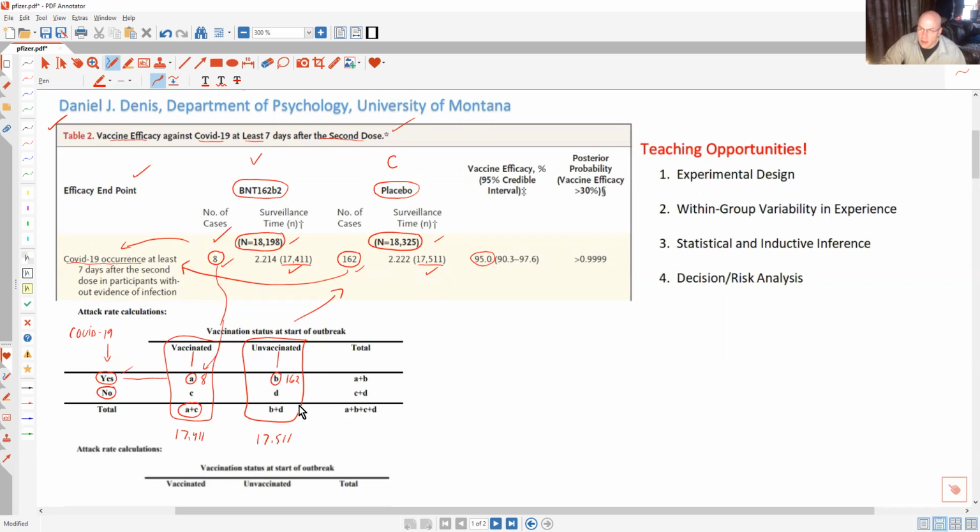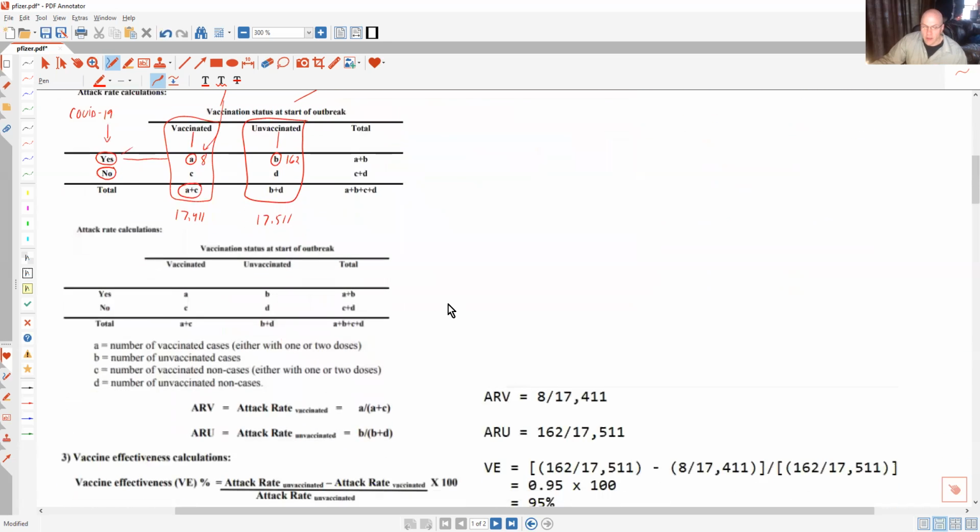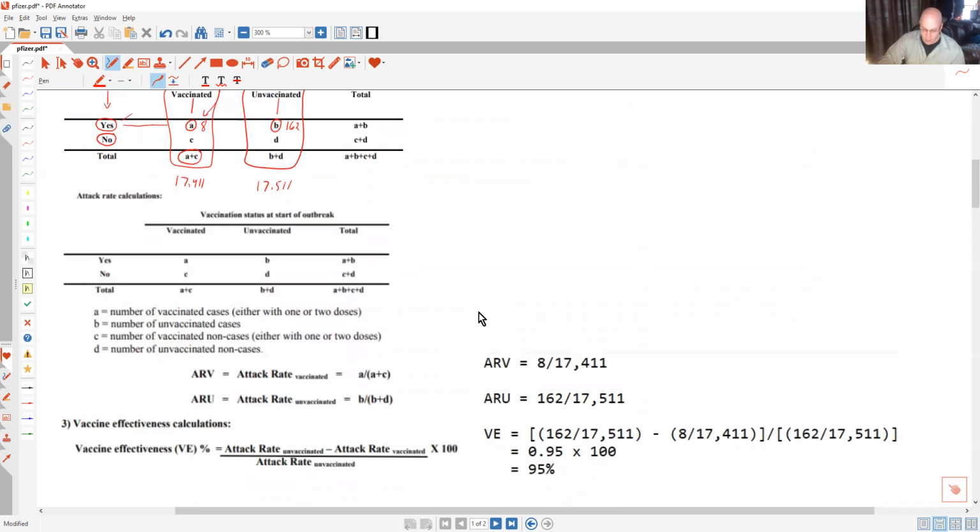Now that we have those numbers in the table, we're all set to compute what are known as attack rates for each group. So this particular table is the same thing as this table up here. It's just cleaned up a little bit so we can define those attack rates. The attack rate for the vaccinated is equal to A divided by A plus C. And that agrees with the numbers we have up here, 8 over 17,411.